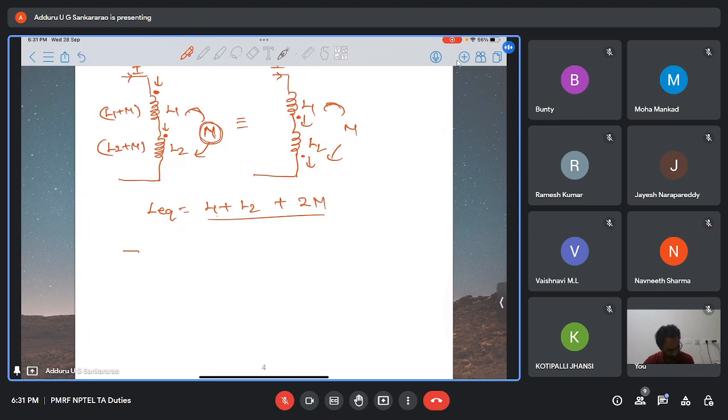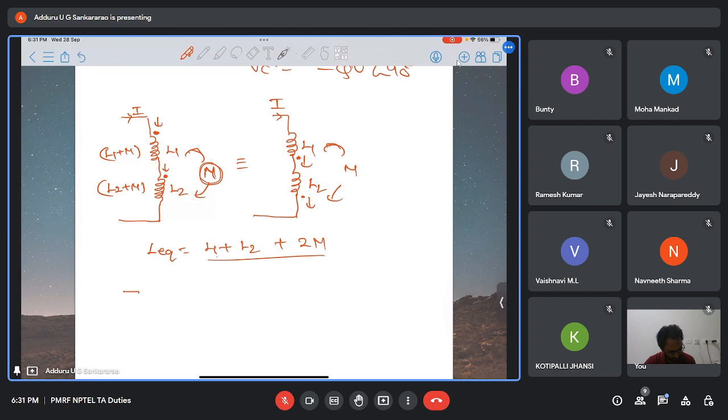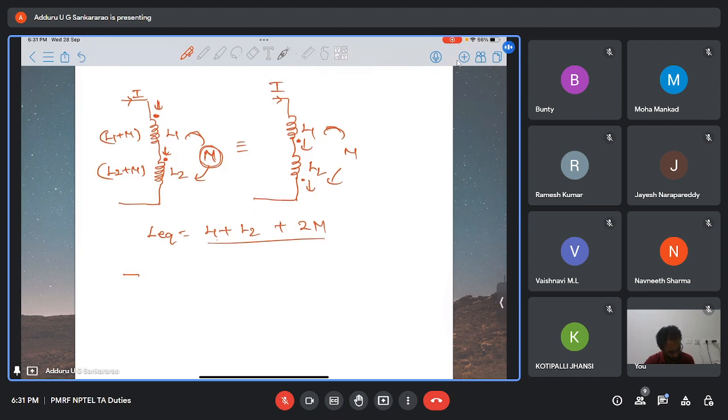Suppose in another case, at one dot the current is entering and at the other dot the current is leaving. The dot convention is like this: for the first one the current is entering, for the second one the current is leaving.